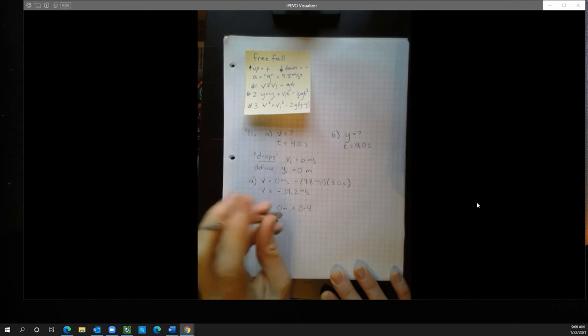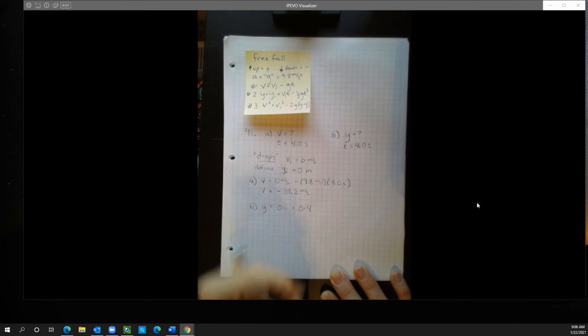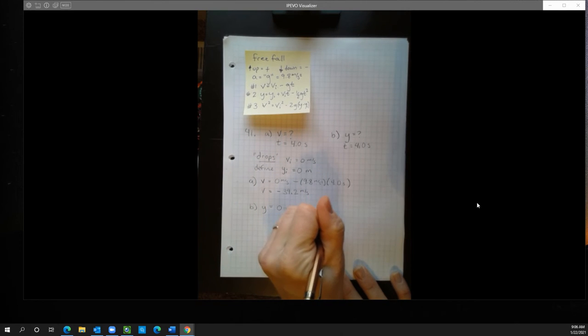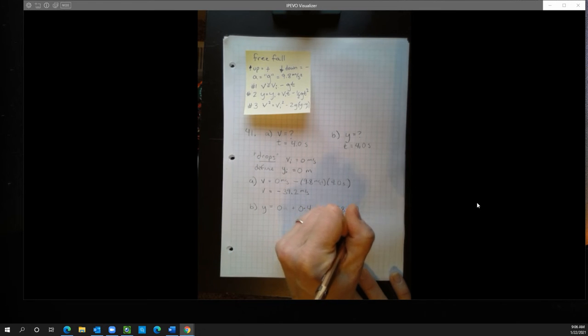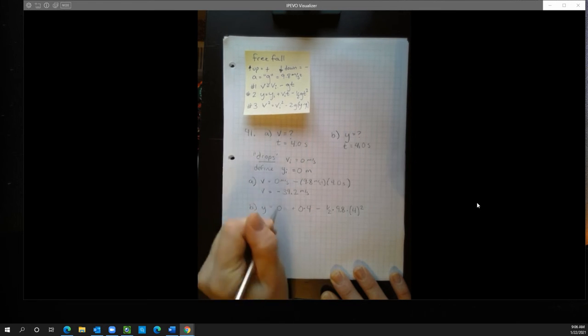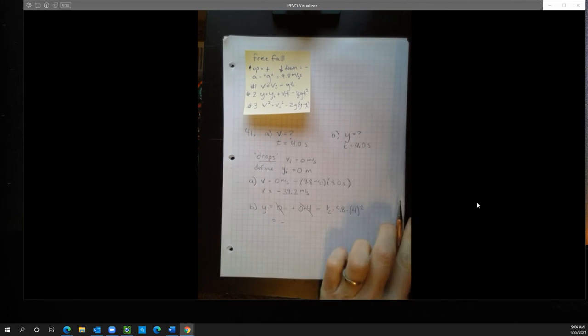I'll drop the units here to make the math look more obvious. Minus half times g, 9.8 meters per second squared, times time squared. So 0 plus 0 minus half times 9.8, which is 4.9, times 4 squared, which is 16.